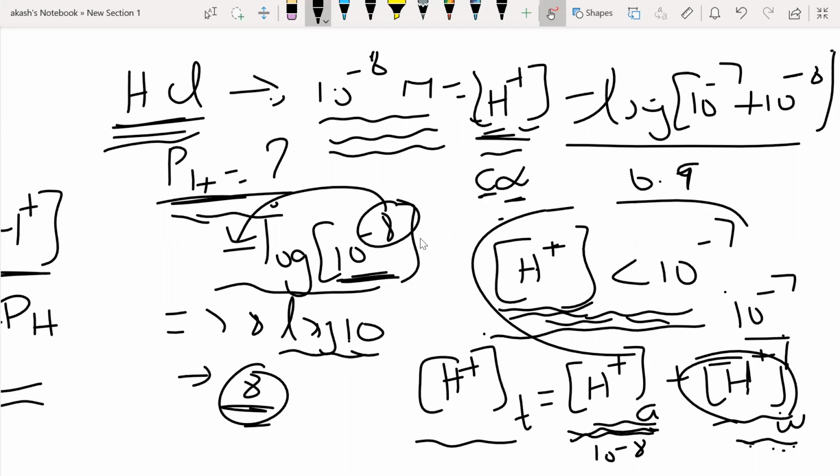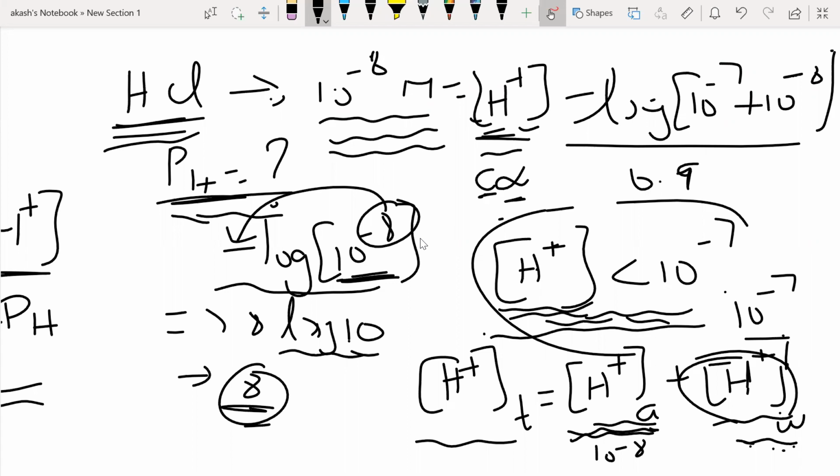Take this question. The pH of 0.08 M HOCl, you know HOCl acid, is 2.85.